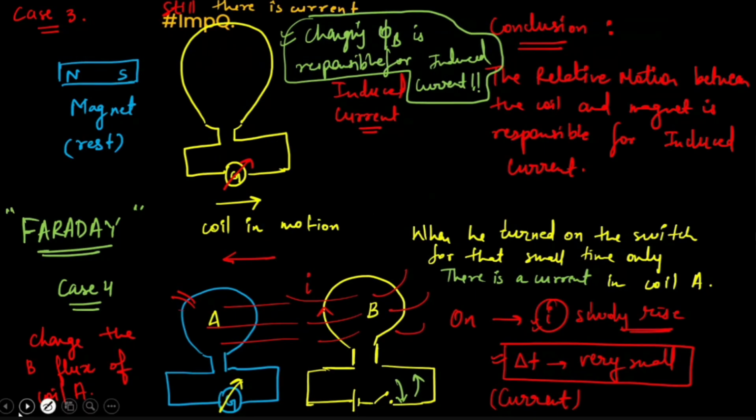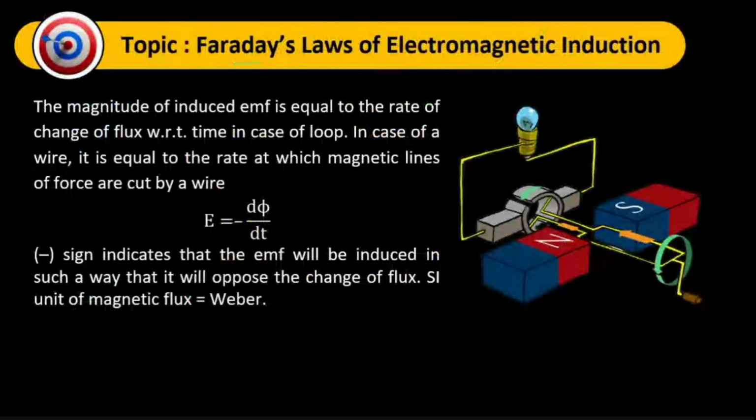So now let us see what laws Faraday gave for electromagnetic induction. Now you'll understand it more clearly. The magnitude of induced EMF, and in order to understand EMF, just remember the value of current. We saw current in the examples, so just assume it as current. So the magnitude of current is equal to the rate of change of flux.